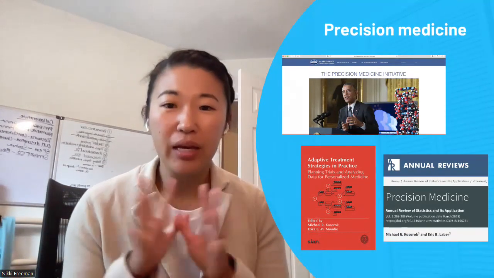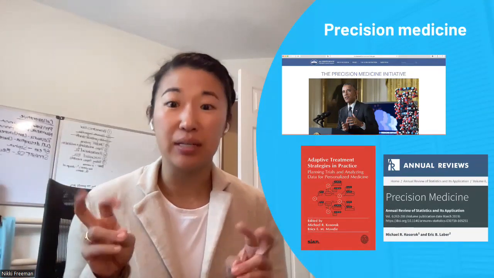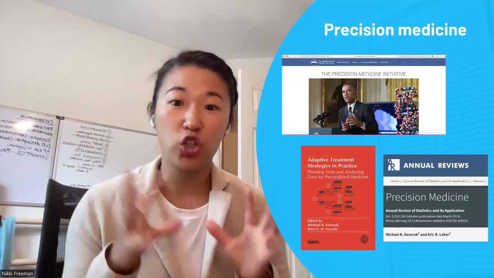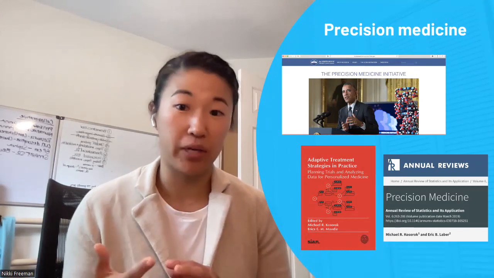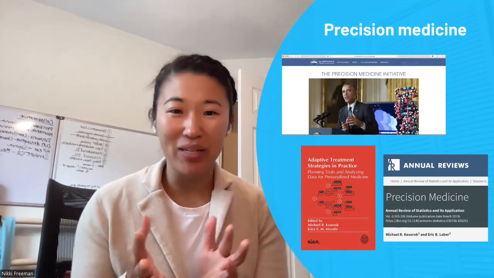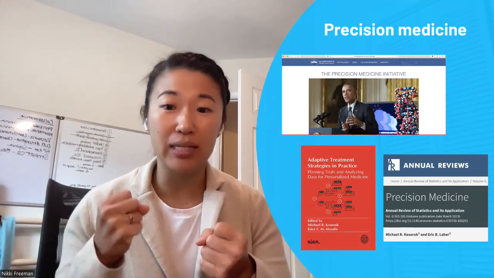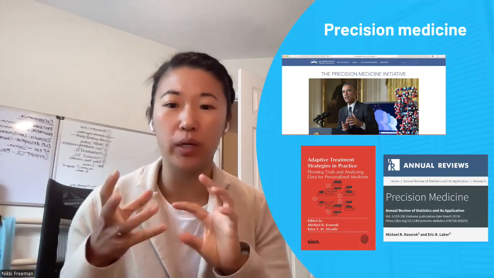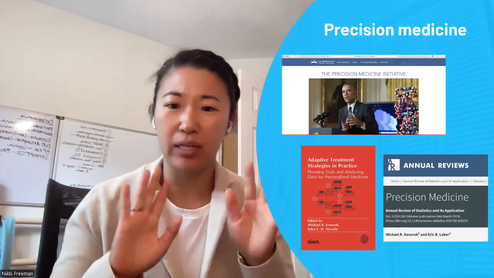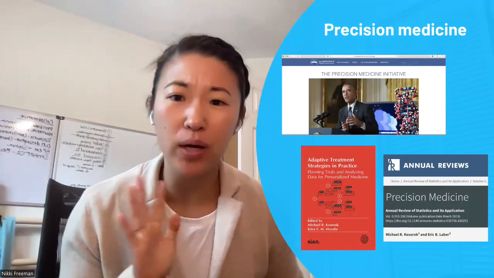So I just want to clarify up front that when I say precision medicine, I'm thinking about statistical precision medicine, using data to learn how to match treatments to individuals based on observable characteristics, which is different than other ways that the word precision medicine is used, like in precision public health or in more mechanistic understandings of disease and treatments, where you're really thinking about the mechanistic way in which genes and other kinds of biologics work together. So that's what we're going to be talking about.